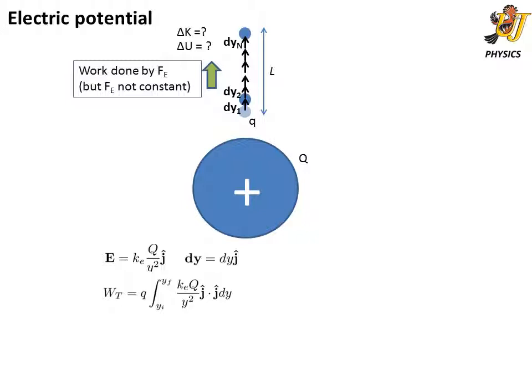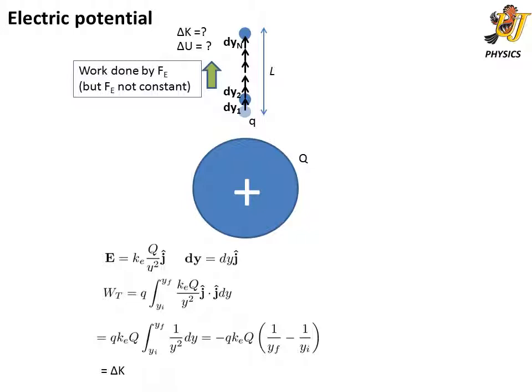This means we can simplify the integral describing the work done on the test charge as follows, where the dot product just evaluates to unity. Therefore, we can calculate the amount of work done as this expression in terms of purely the start and the end points of the motion of the test charge.